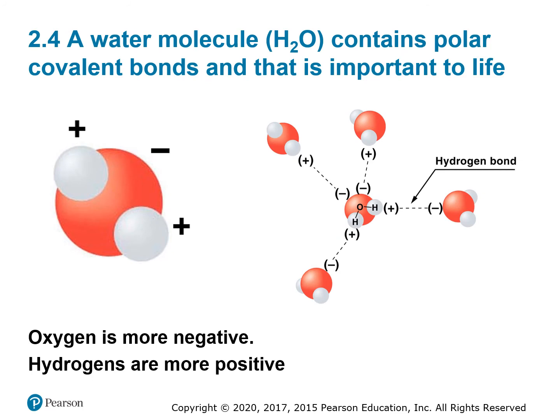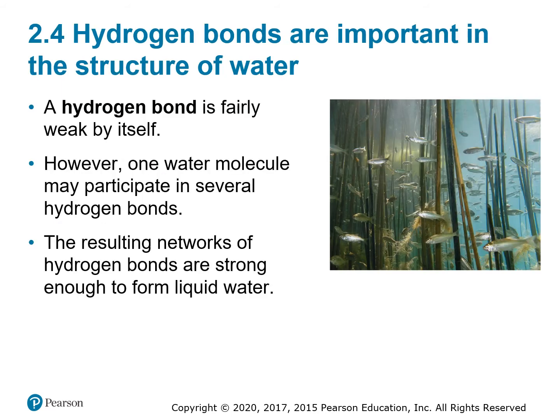So water contains polar covalent bonds, and this is important because it shapes some of the properties of water. And water molecules themselves are held together by hydrogen bonds, which are fairly weak, but allow water to have this very unique structure.